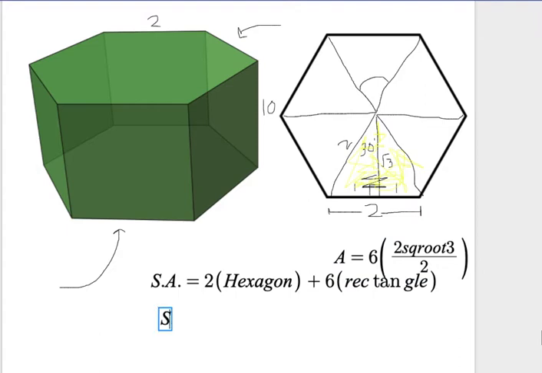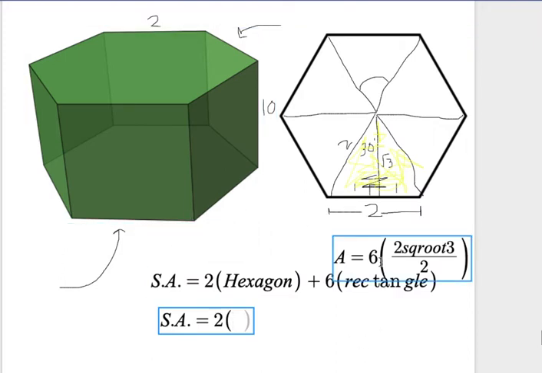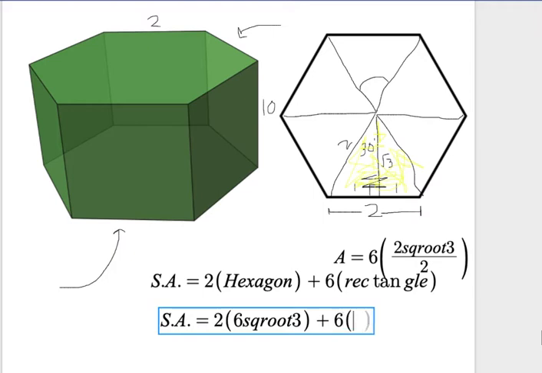Okay, so I'm going to go back and put equals. It's going to be 2 times the hexagon we just found, which is 6 times the square root of 3. Plus, now I have to find 6 times the area of one rectangle.